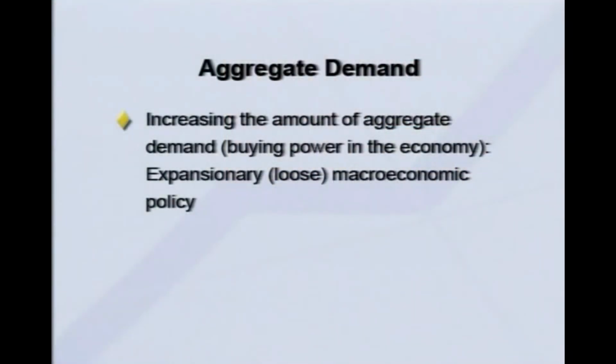If you're increasing the amount of demand or buying power in the economy, we're going to call that expansionary macroeconomic policy, to expand aggregate demand. That's also sometimes called a loose policy. The idea is to put more buying power out there in the economy. So a policy of tax cuts or a policy of spending increases is an expansionary fiscal policy.